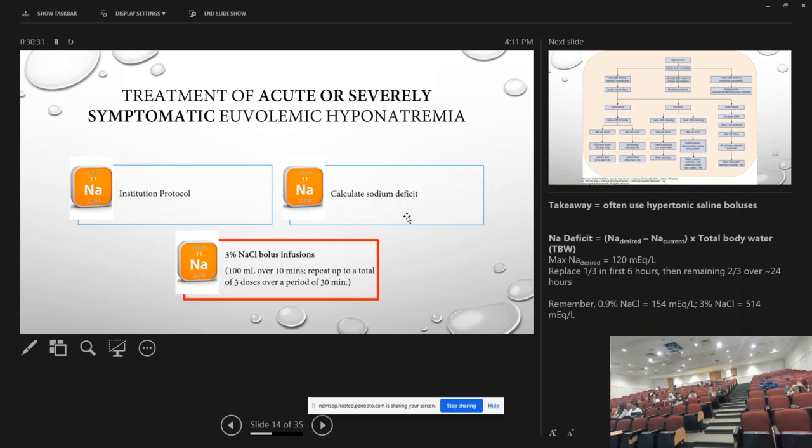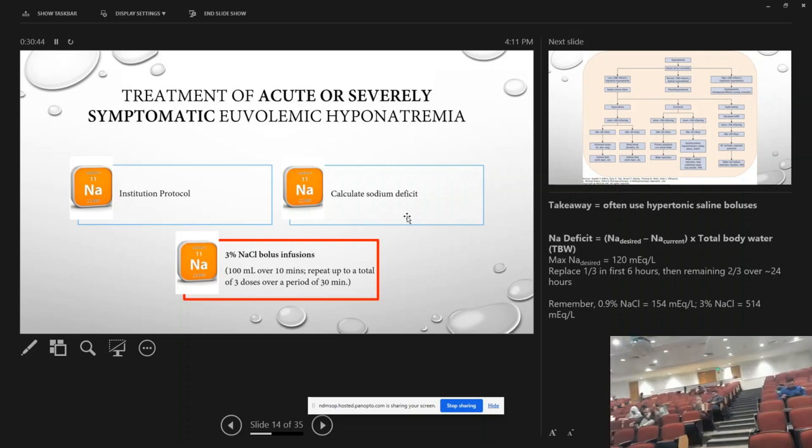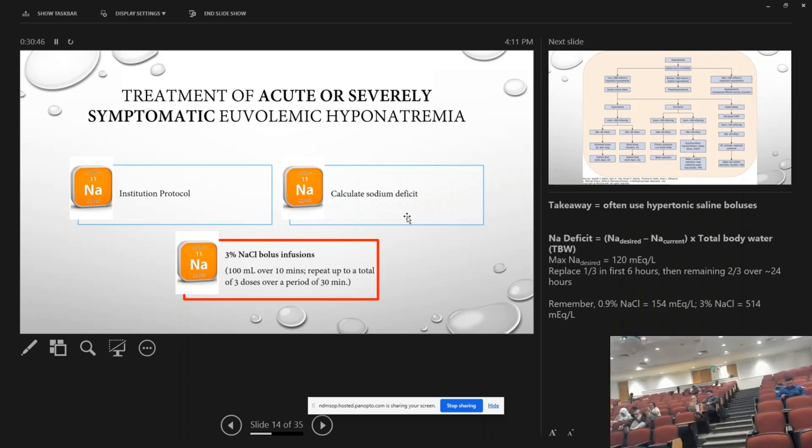So if you're to treat someone with hypertonic saline, this is a more common regimen: 100 mL of 3% sodium chloride bolus over 10 minutes. Repeat up to a total of 3 doses over a period of 30 minutes. So that's generally what most people are going with nowadays. And then what you're doing is giving them 1 bolus, rechecking the sodium, looking at symptoms.